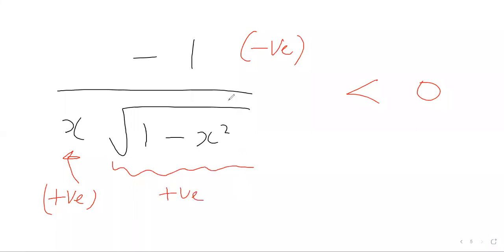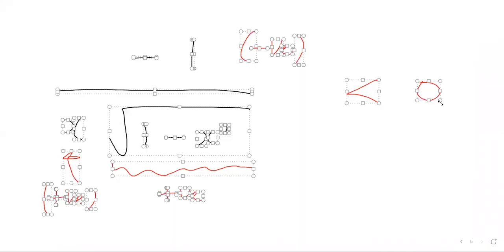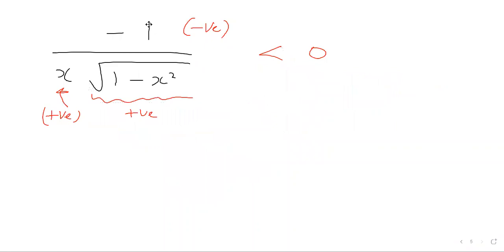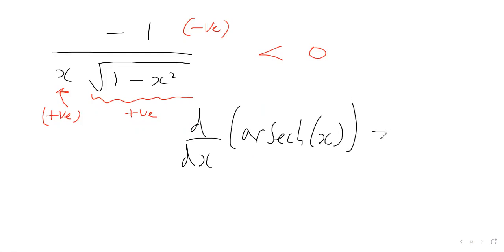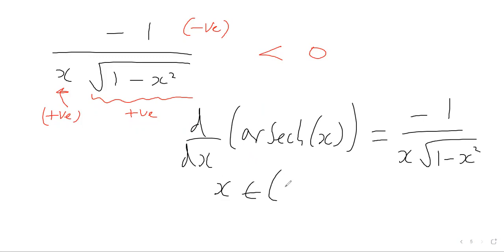So therefore, this works. It's perfectly reasonable for us to state that the derivative of arsech of x is equal to negative 1 over x times the square root of 1 minus x squared, because x is in this part of the domain where x is between 0 and 1.